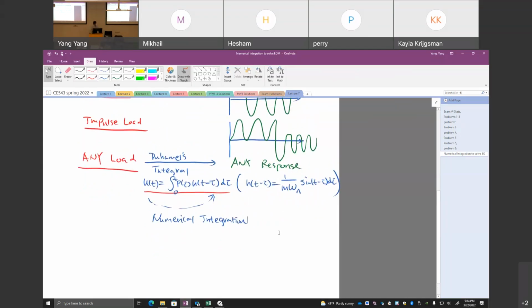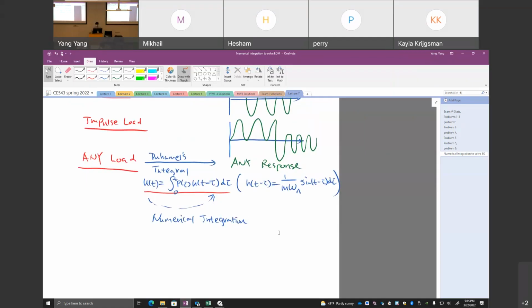So any questions up to here? We have talked about different load cases: when the load is equal to 0, the load is harmonic, the load is impulse, or any load. Theoretically, we should be able to use the integration to find any response.